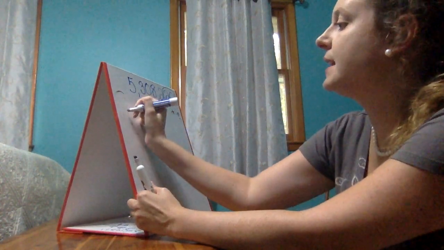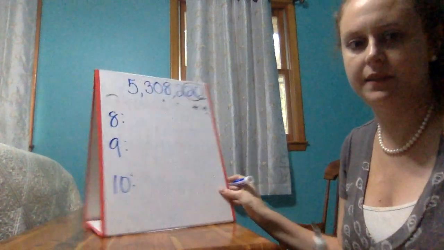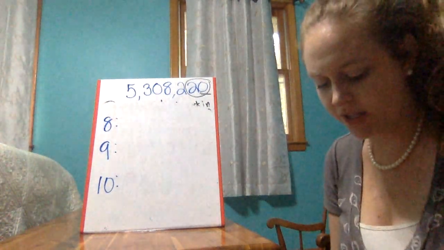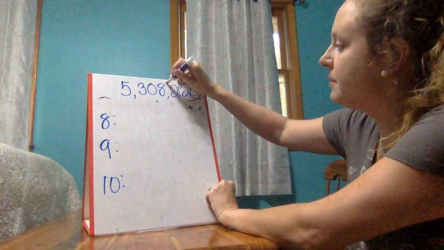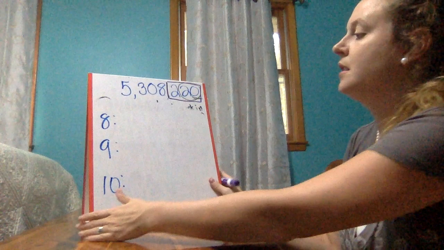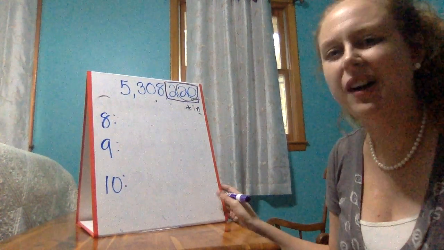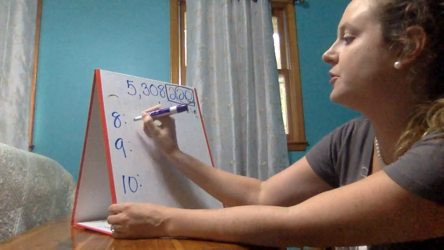So we've got 8, 9, and 10. The rule for 8 says you look at the last 3 digits. Again, don't add them. So 220. And 8's kind of a little tricky. Its rule doesn't work quite as well because we don't really know all the multiples of 8. But 8 does not divide 220.